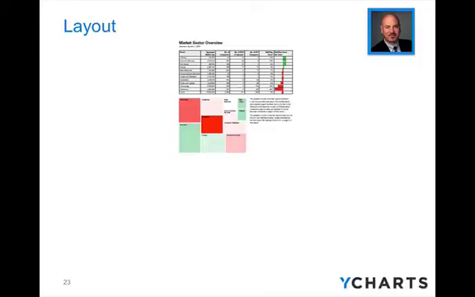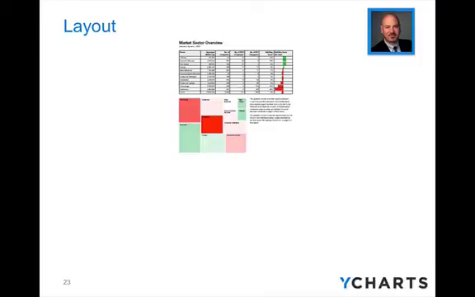So down below the table, you can see that there's a heat map. And that heat map is set up so that the market capitalization, the aggregate size of the market cap for each of these sectors, is the size of the boxes. The color is representative of the bull-bear score.